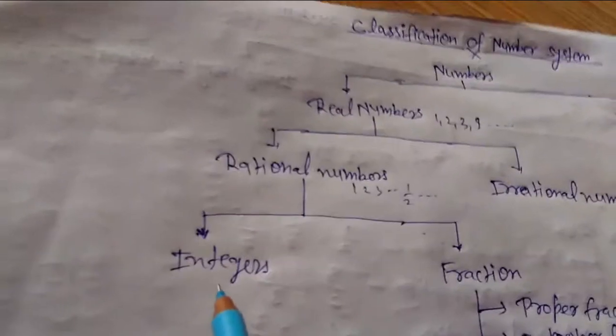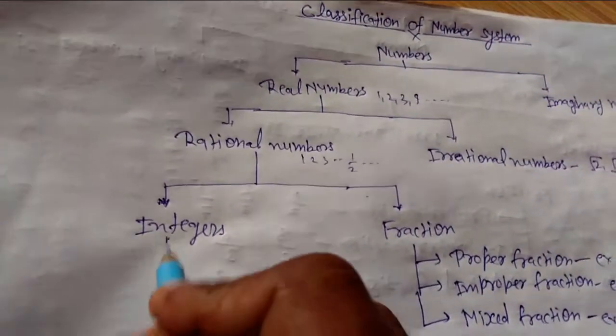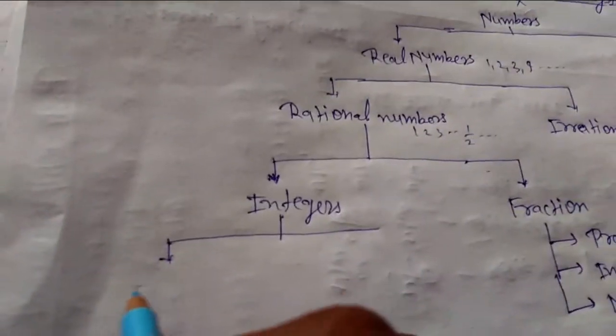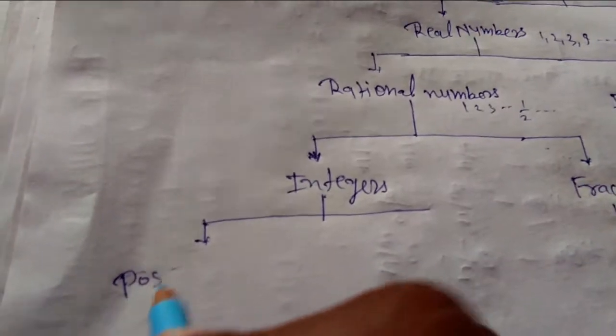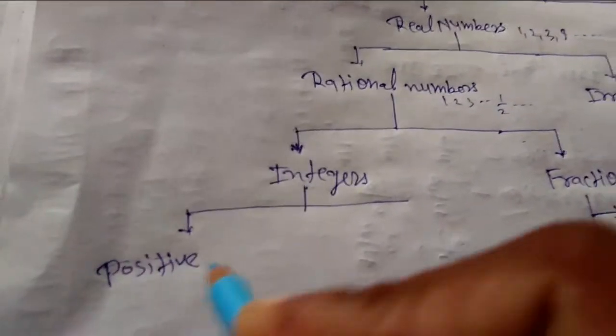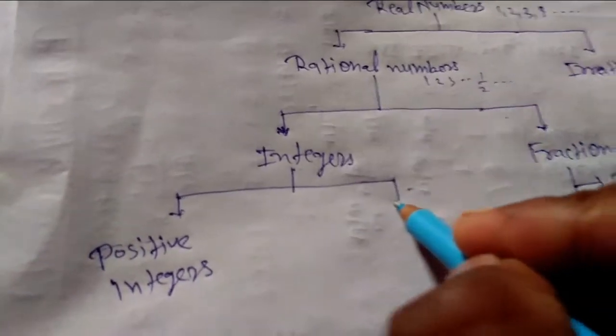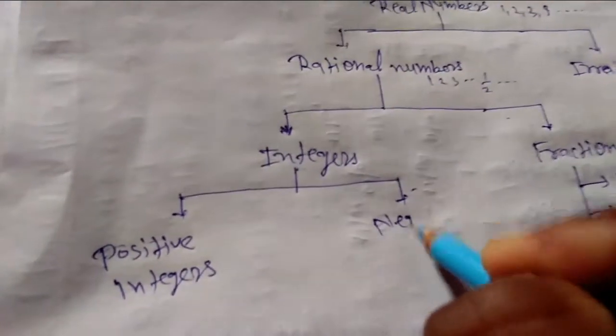Now integers are divided into two categories. First is positive integers and the second is negative integers.